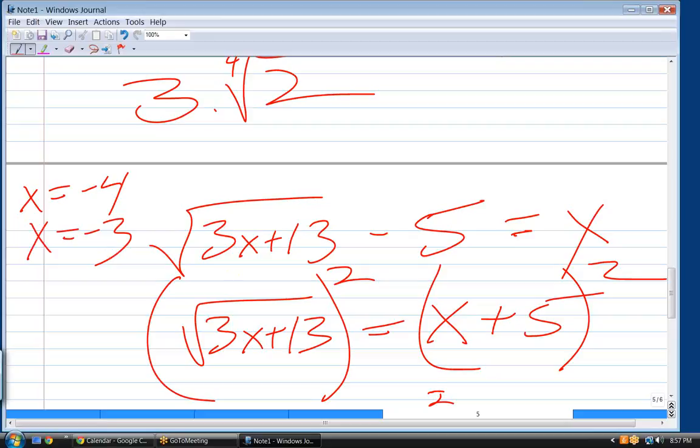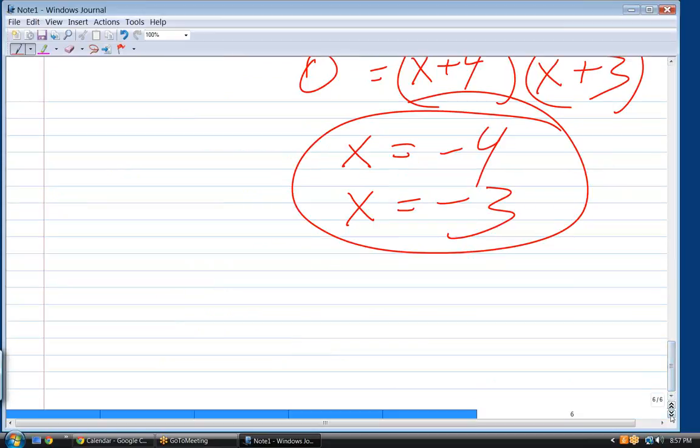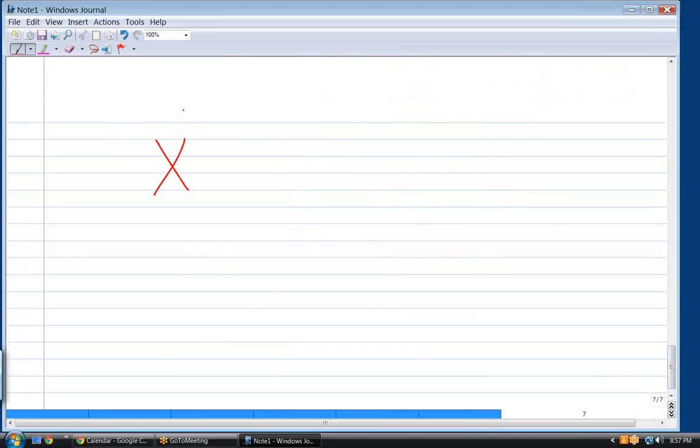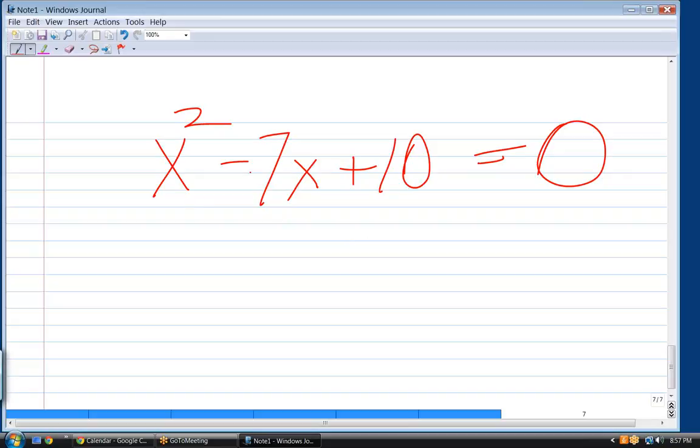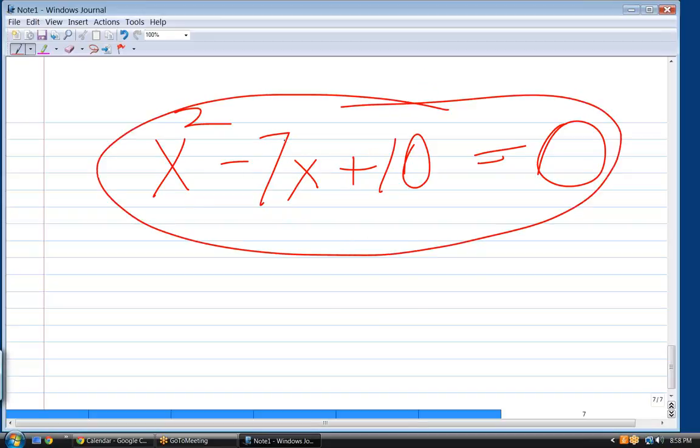Not all equations that have radical signs are going to give you an extraneous solution, but a lot of them will. So whenever you're solving one, you definitely want to check the solutions. As opposed to if I just had a quadratic like this, I'm going to come up with two solutions. It's not so important that I check them because I don't see anything in that that lends itself to extraneous solutions.